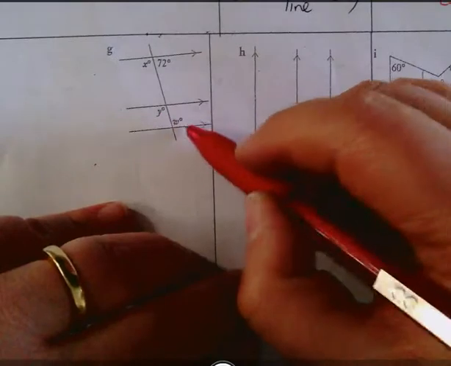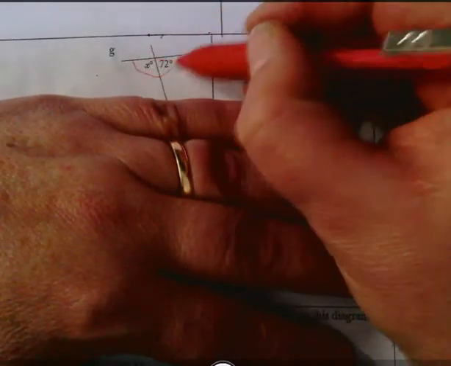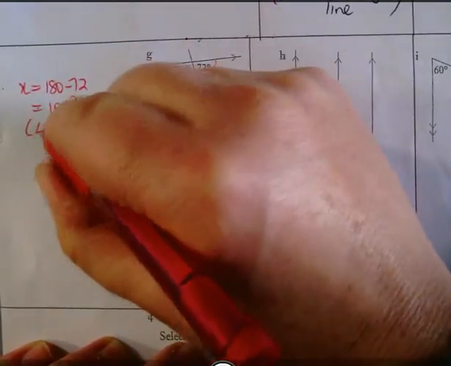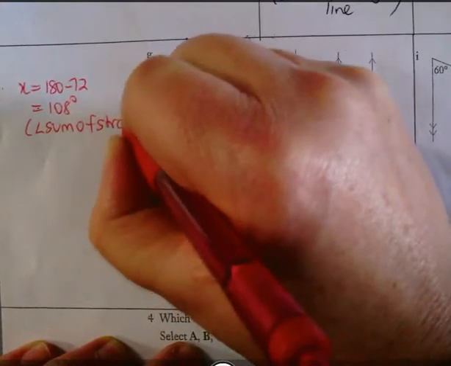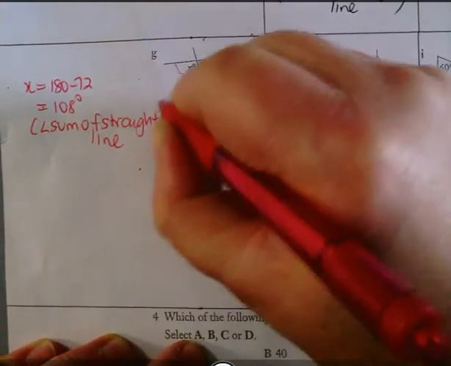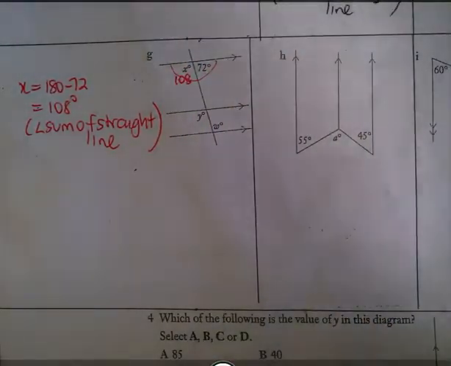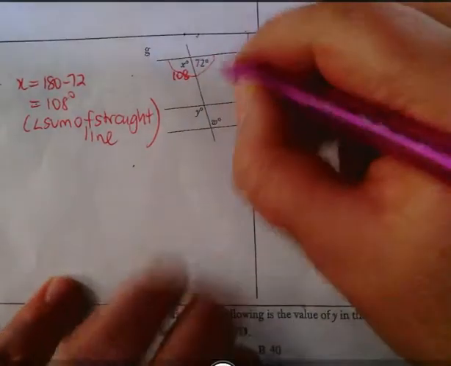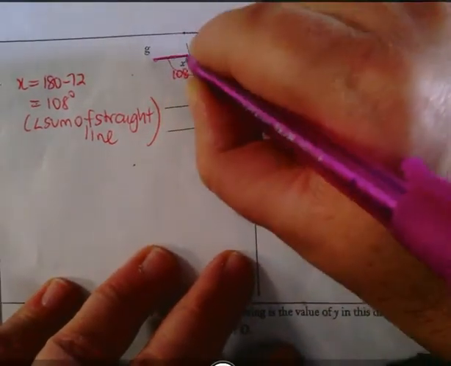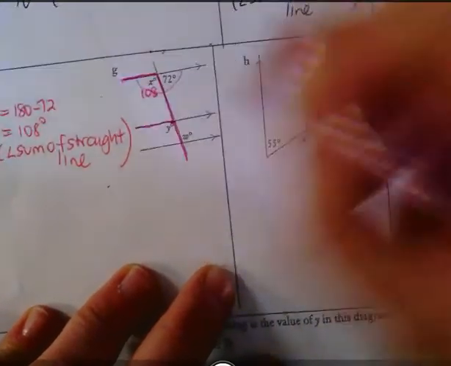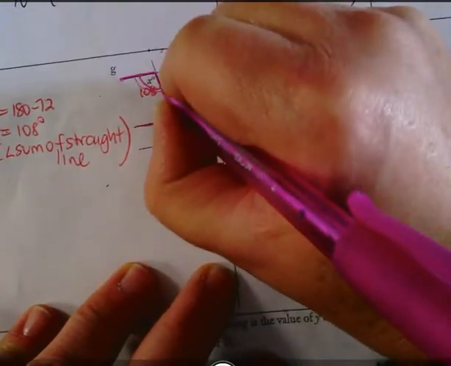So before we worry about Y and W, I can see that I've got definitely a straight line. So X is 180 minus 72, which is 108 degrees by angle sum of straight line. Okay, so we've got that's 108. Now you've got some parallel lines, and we've got 3 of them, and that's okay. So I'm going to look at Y. Now I can draw a backward F, and this is the same as this.